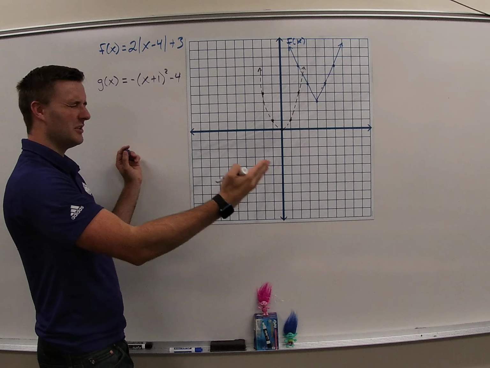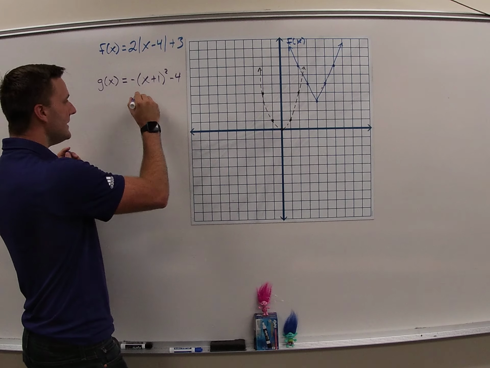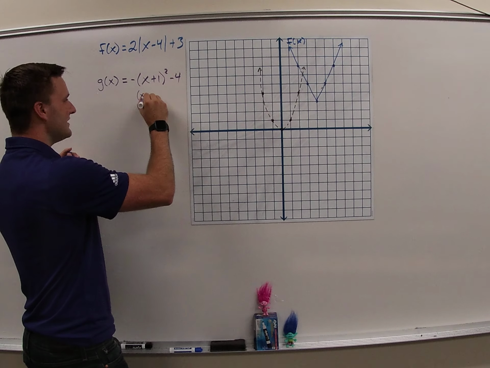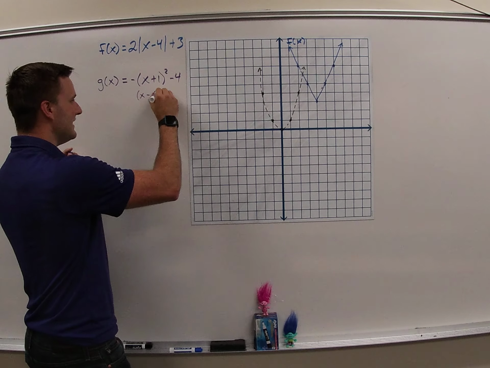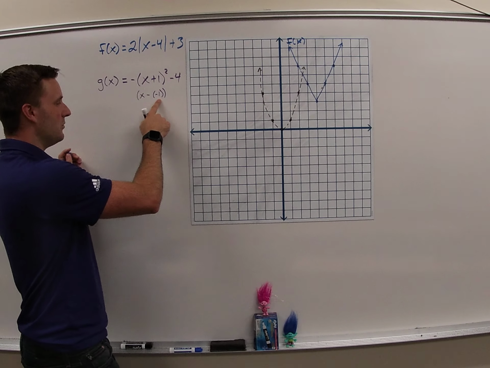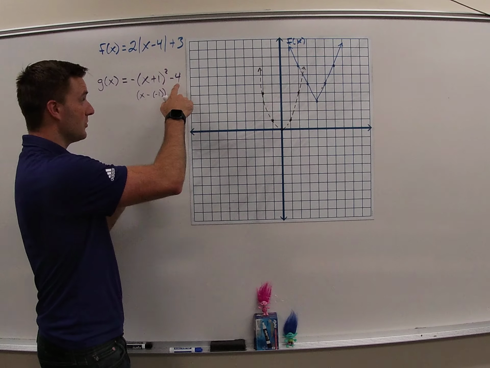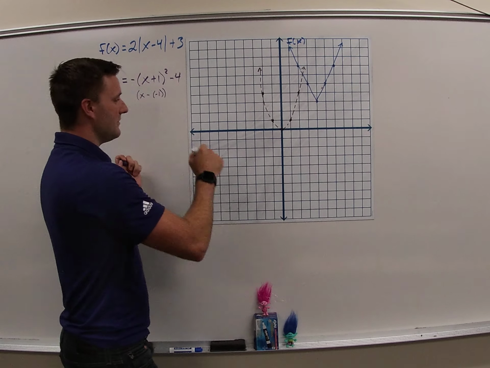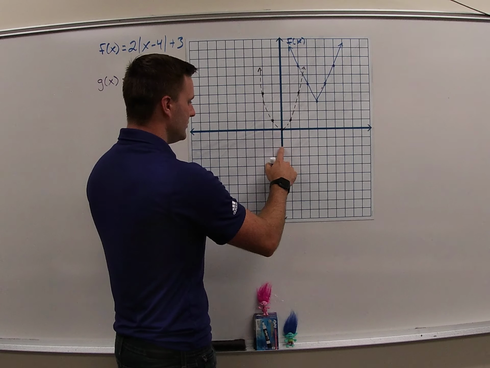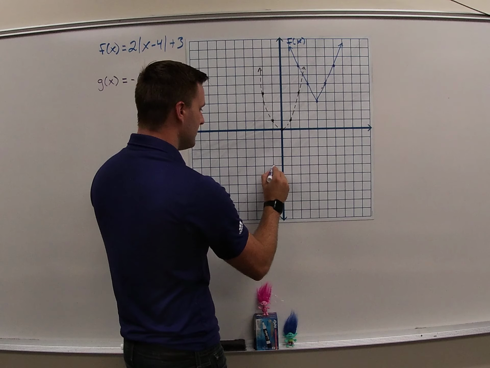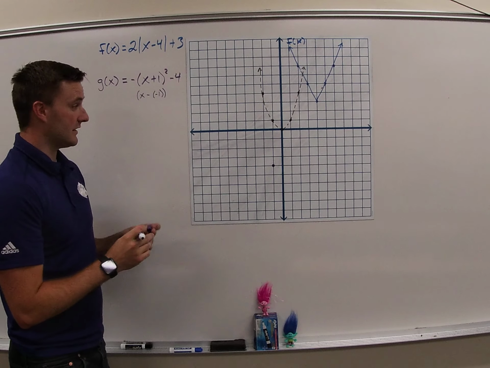So x plus 1, that means I'm going to go left 1. And the reason is technically in the formula, this is saying x minus this negative 1. That's why we're going left 1, because when we have a minus and a negative together, that makes a positive. So we're going to go down 4, left 1. So down 4, 1, 2, 3, 4, and left 1. So here's my new vertex.